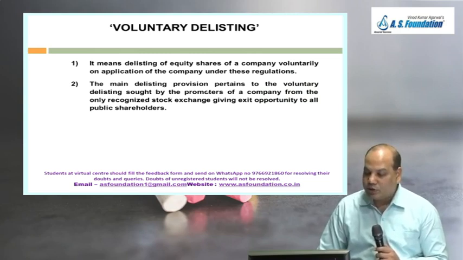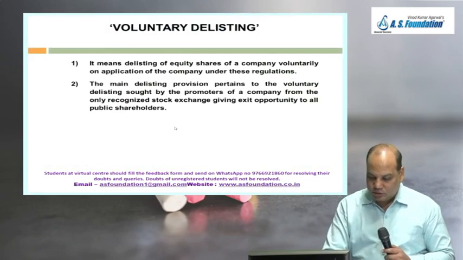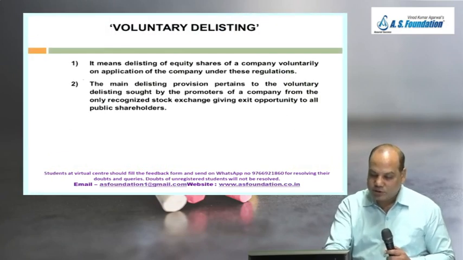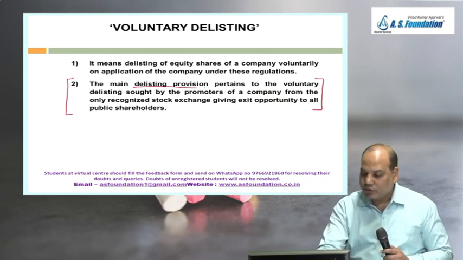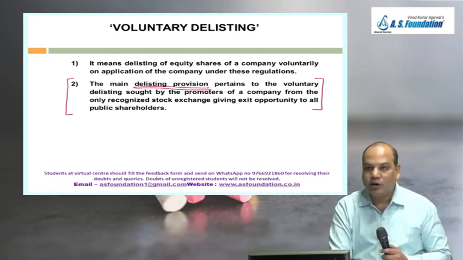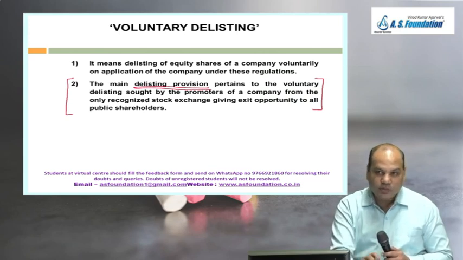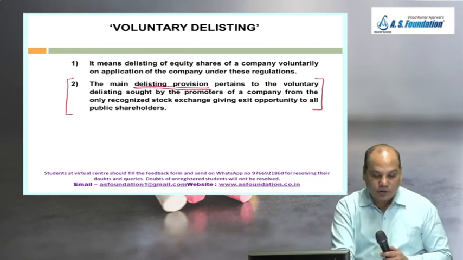The main delisting provision pertains to the voluntary delisting sought by the promoters of a company from the only recognized stock exchange, giving exit opportunities to all the public shareholders. Actually, they have not mentioned in detail the provisions here. But before you go for voluntary delisting, you have to comply with the provisions of voluntary delisting under these rules. Rules are not mentioned here. For that, you have to refer to the SEBI delisting of equity share regulation 2009.